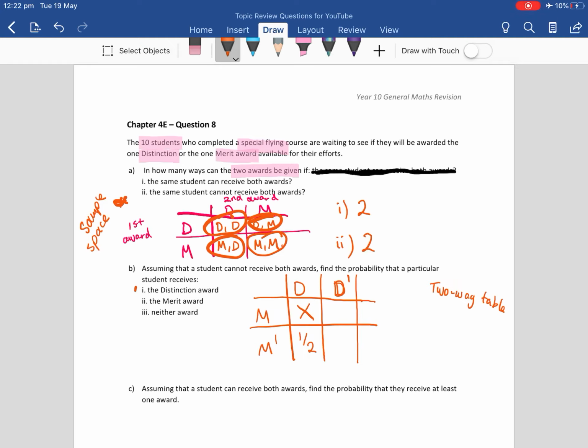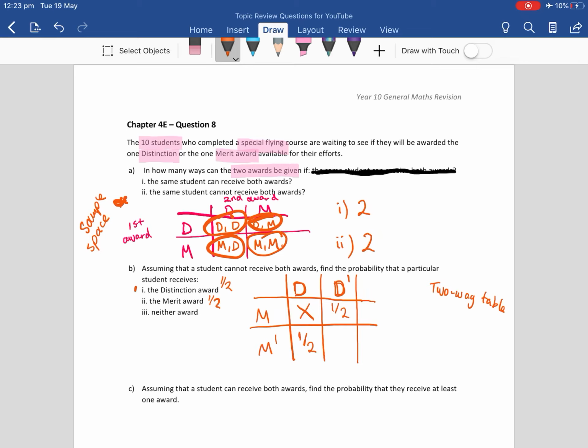So if you're going to get the merit first, it's going to be half. Okay, so getting the distinction award, you're going to have half. Okay, the probability is a half.